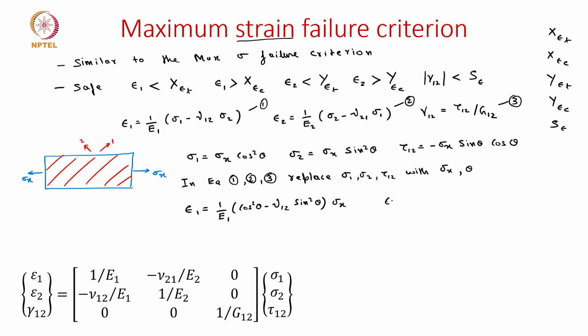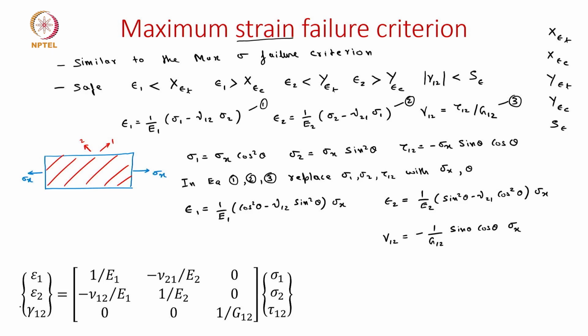Similarly, epsilon 2 can be written as 1 by E2 times sine square theta minus nu 21 into cos square theta, times sigma x. And gamma 12 can be written as minus 1 by G12 times sine theta cos theta and sigma x.